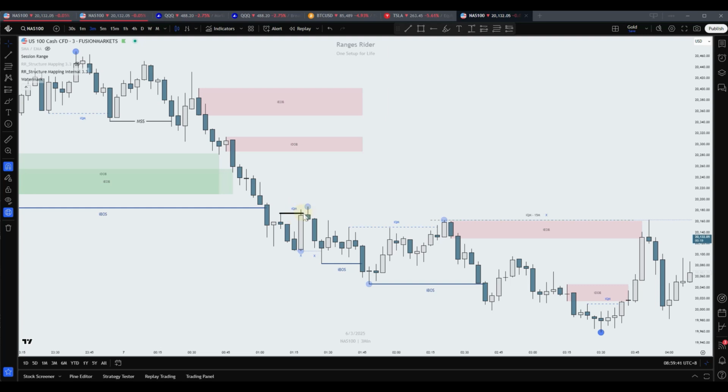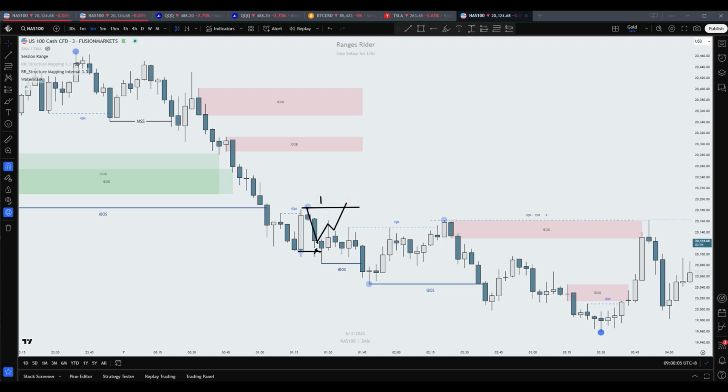So actually, rather than buying into this area, we are looking to sell from here, right? And if the price is unable to take this low, then this will be our market structure shift.